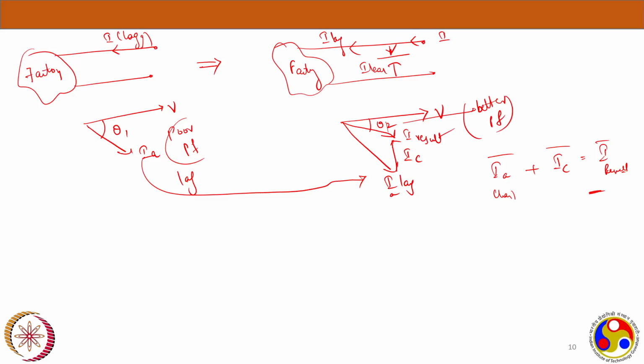So earlier, what people used to do was connect a capacitor. For this particular factory load, I have to connect this value of capacitor. But what if your load requirement changes? Maybe the factory needs to supply not 1 megawatt but 2 megawatts or 1.5 megawatts. Whenever your load keeps changing, the capacitance needed to attain that particular power factor will also change.